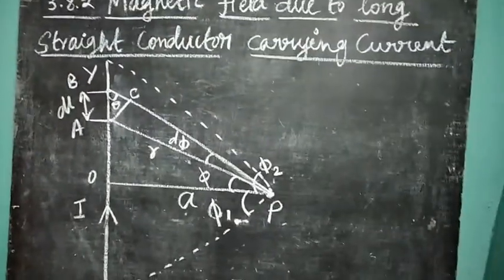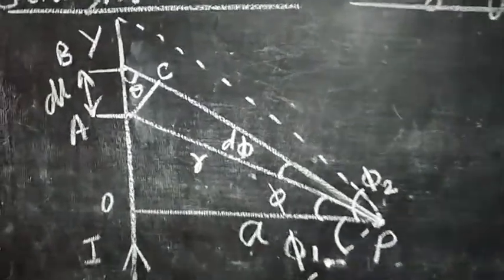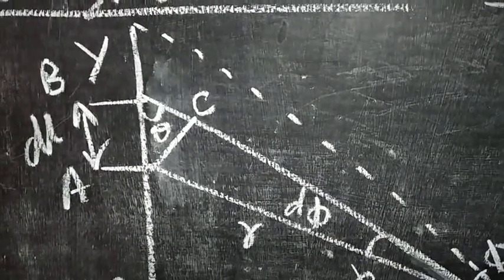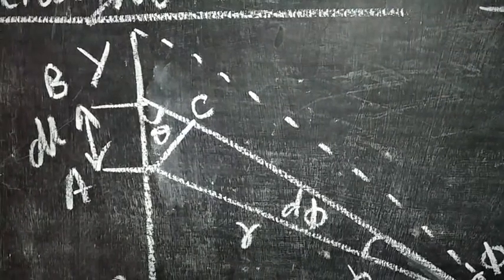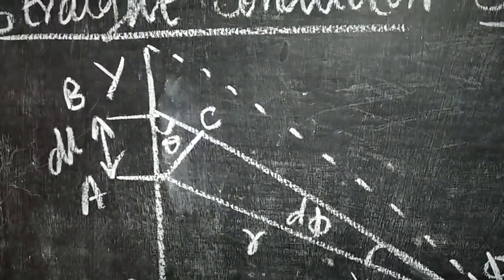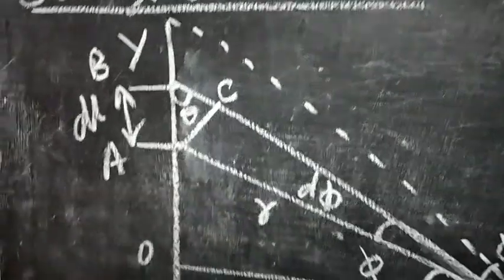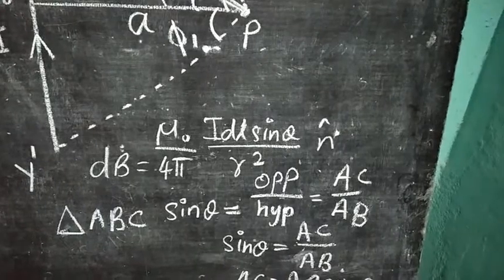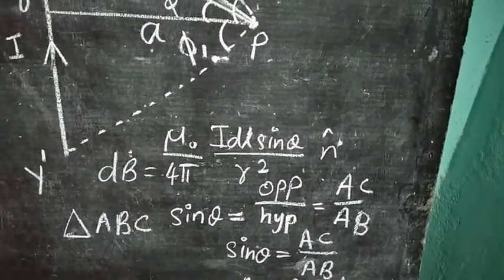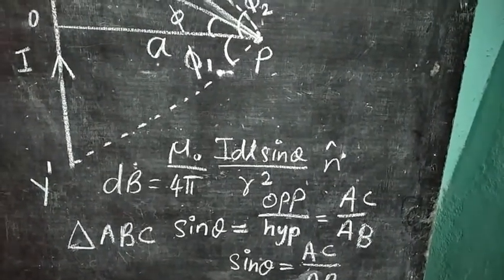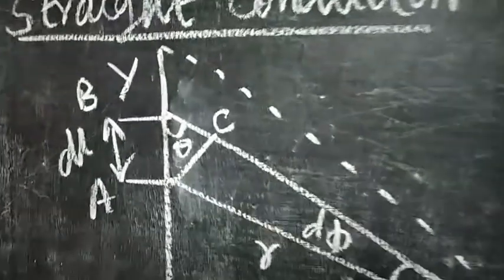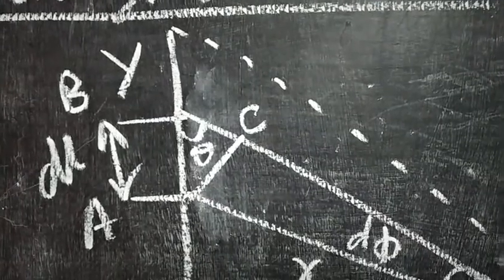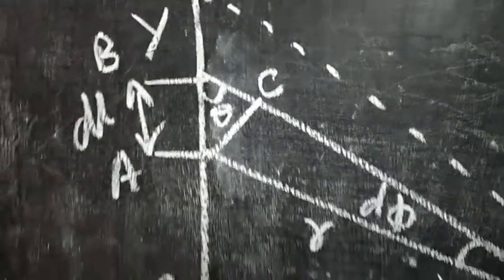From the diagram, in triangle ABC, we are going to find sin theta. Sin theta is equal to opposite by hypotenuse. Opposite side AC, hypotenuse AB.